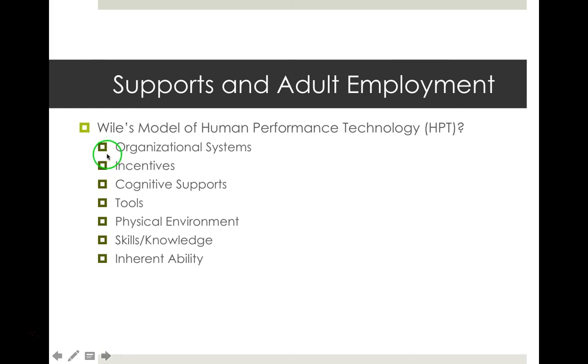So the first type is an organizational system. Organizational systems are laws or public policies that offer incentives to establish industry standards for contracting with individuals that have disabilities, or remodeling places of employment so people are allowed equal access. So the organizational system involves the laws and public policies that allow supports to occur and allow individuals with disabilities to be employed.